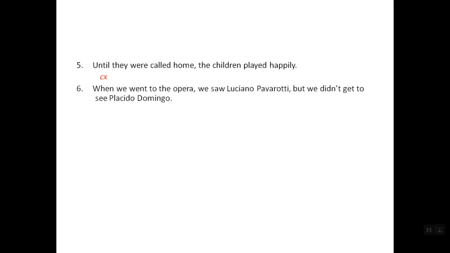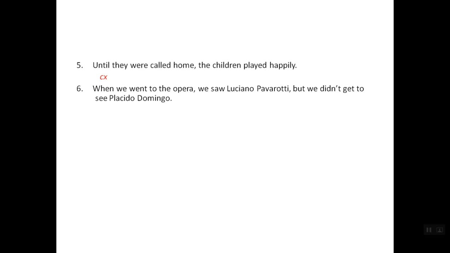When we went to the opera, we saw Luciano, but we didn't get to see Placido Domingo. Italian names, I think. So, when we went to the opera. Which clause is this, dependent or independent?